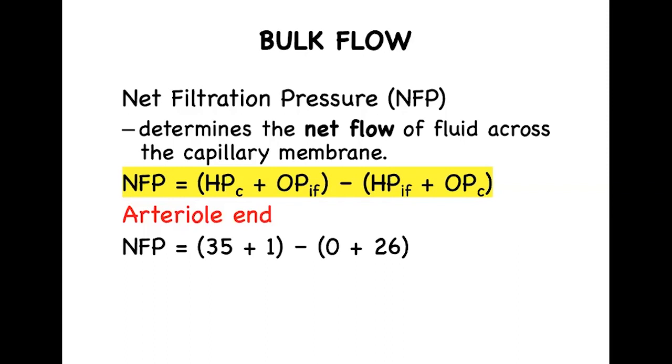This pressure will be low due to decreased amounts of solids, specifically proteins. That sum is then subtracted from the sum of the hydrostatic pressure in the interstitial fluid, and this is close to zero, plus the osmotic pressure of the capillary. This is going to be 26 millimeters of mercury, and this will remain constant.